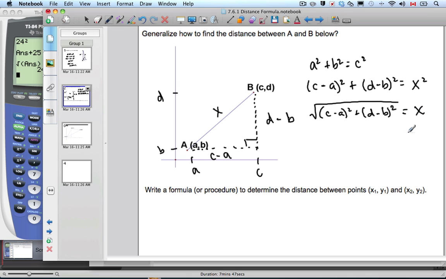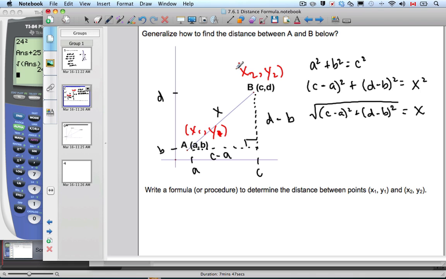So, what if these points were instead called X1, Y1, which they often are, like 2, 5 or something like that, which is our X and our Y? And this is X2, Y2.